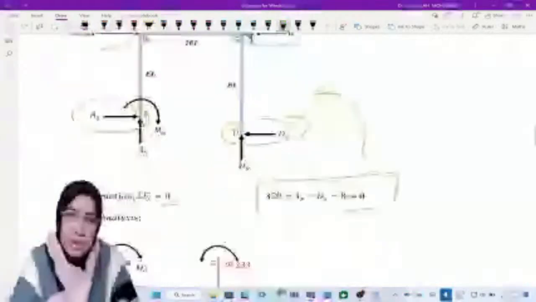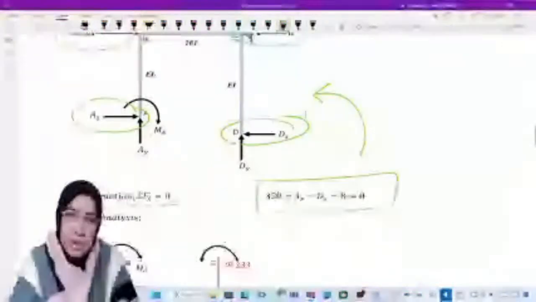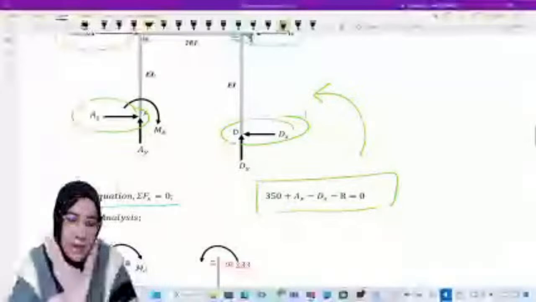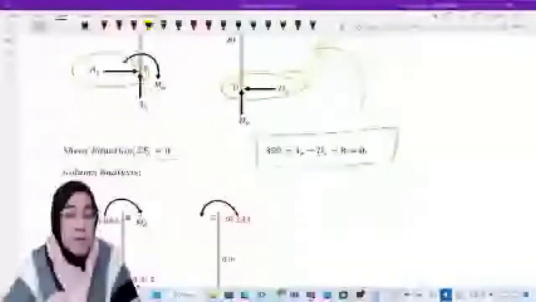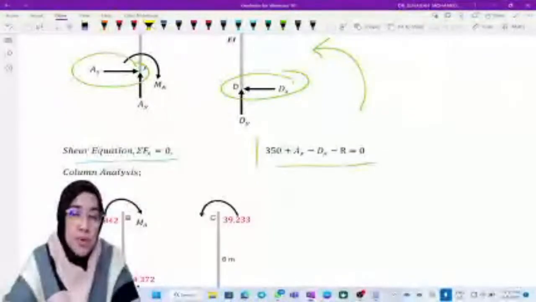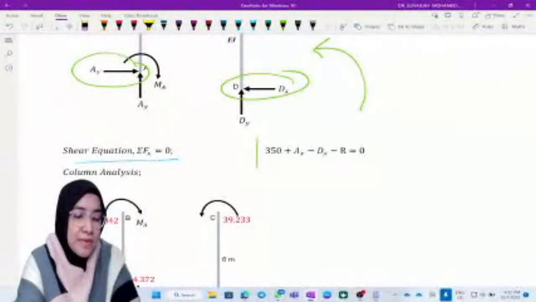After having this equation, for the R value, the unknowns are AX and DX.